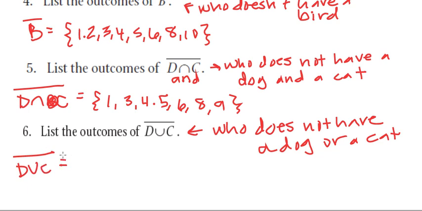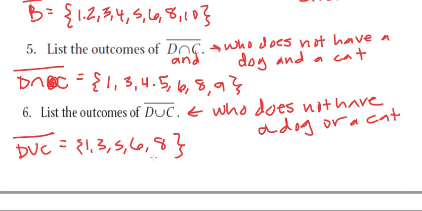So who does not have a dog or a cat? Well, I go here. Student number 1 does not have either. Student number 3 does not have either. Students 5 and 6 do not have either. And student 8 does not have either. So those are the ones that do not have a dog or a cat.